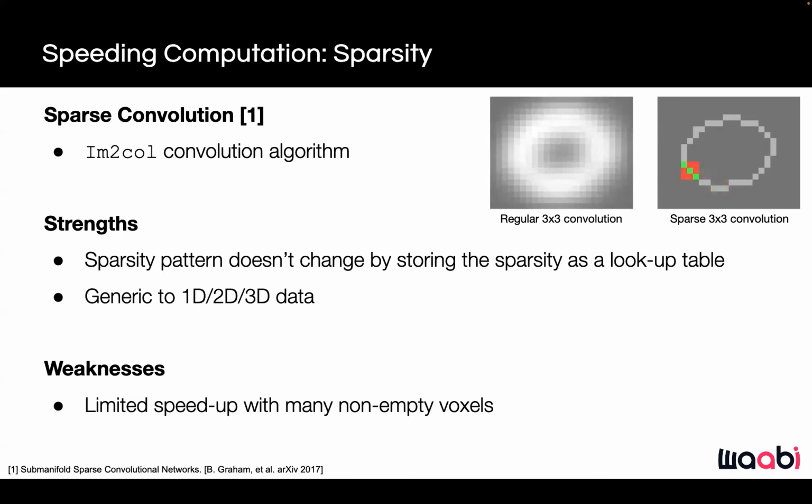Sparse convolution works by doing the computation on valid locations only, so that the sparsity pattern doesn't change as we stack more convolution layers. The valid convolution is realized via the image-to-column algorithm. So these sparse convolutions can be efficient, but the speedup can be limited as the number of non-empty voxels grows, as the image-to-column algorithm is not as fast as a well-optimized dense 2D convolution kernel.